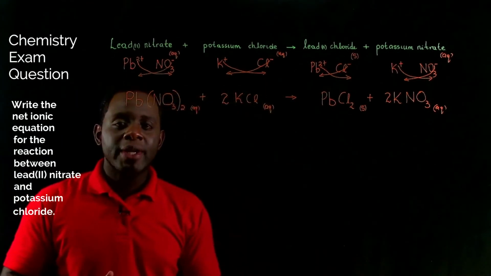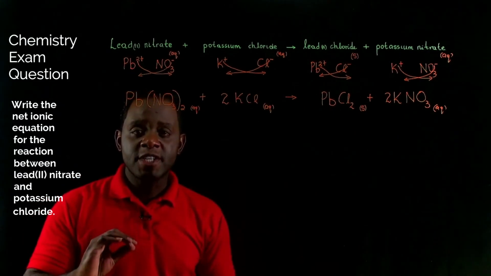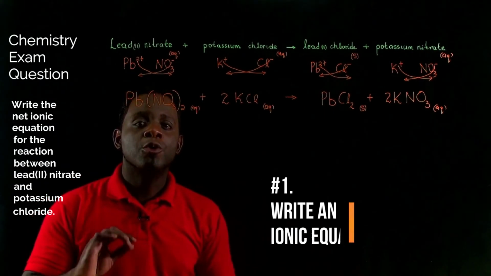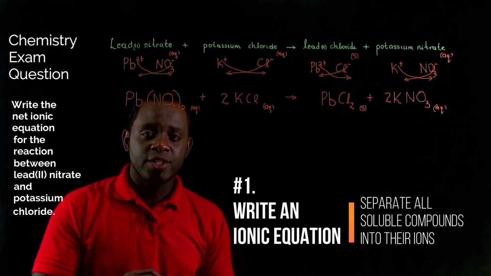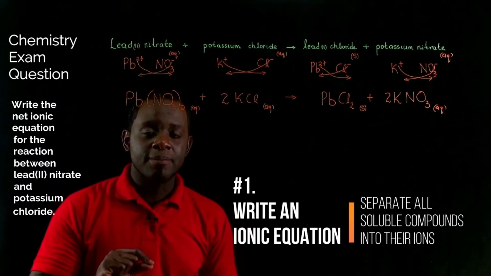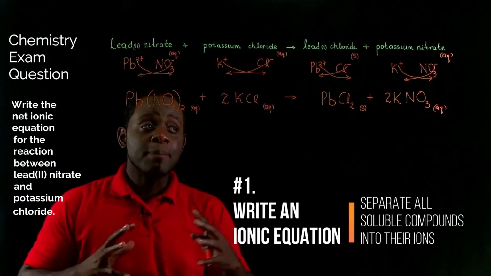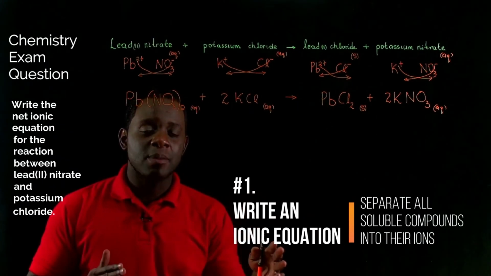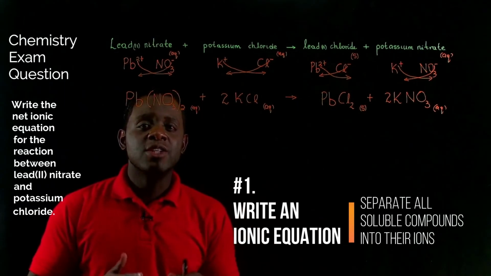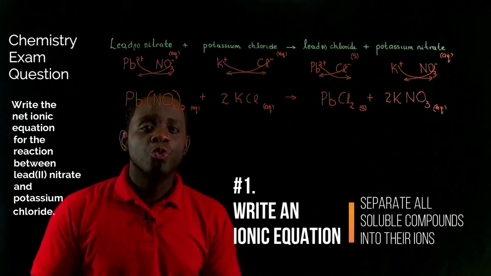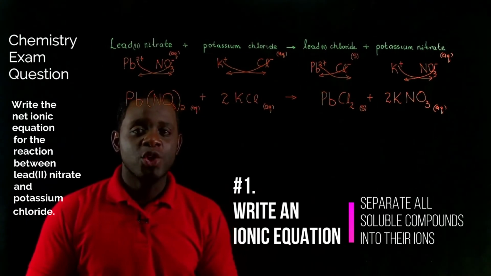We're now ready to do our first step for writing the net ionic equation. In the first step, we separate all the aqueous substances into ions, and in doing so, we write an ionic equation.